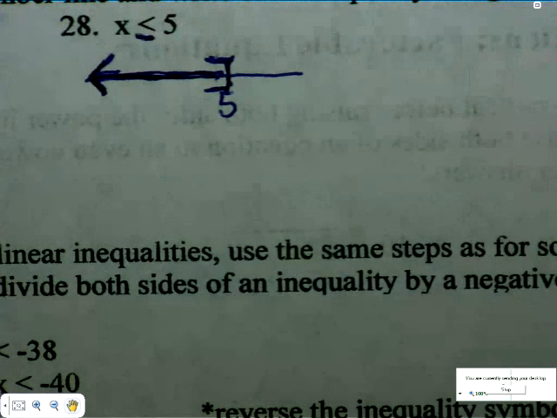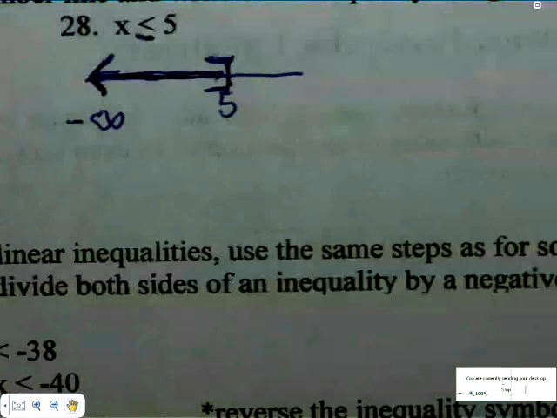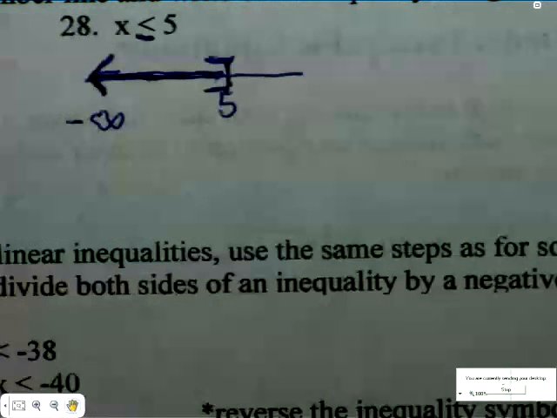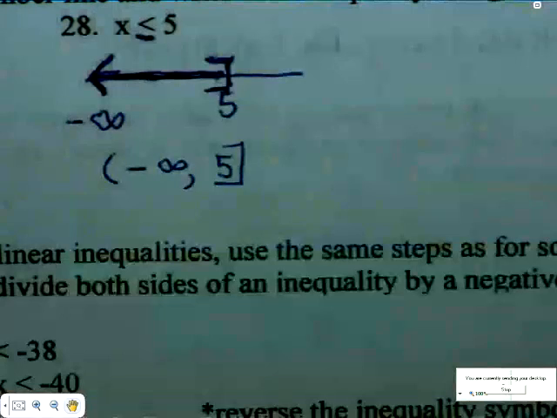Negative infinity. You can never have a bracket on infinity or negative infinity because you can't include it. It's not a number. So your interval notation is parentheses, negative infinity to 5, including the 5.